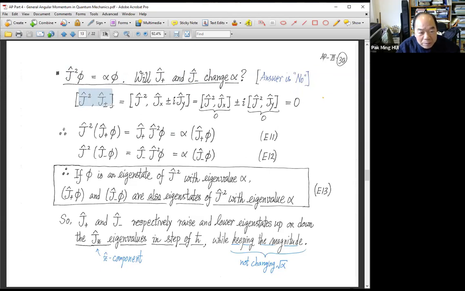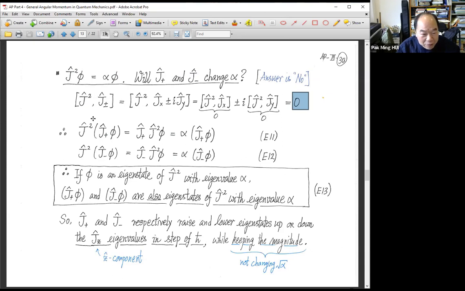J square and J plus commutator is 0. The reason is that J square commutes with any component. J plus and J minus are made up of linear combinations of the components. Therefore, they commute. All right.